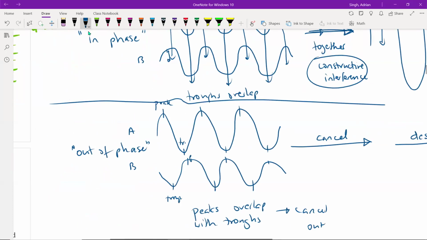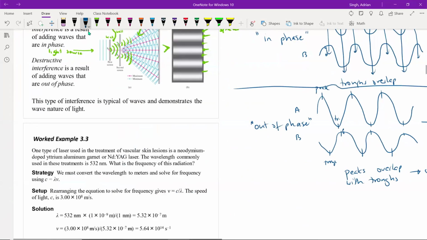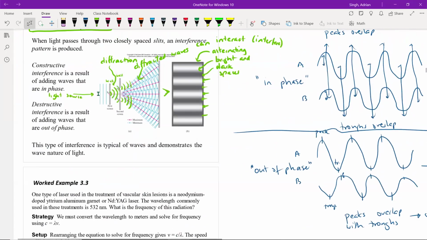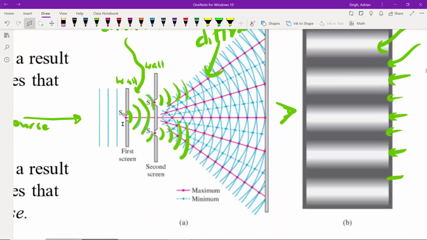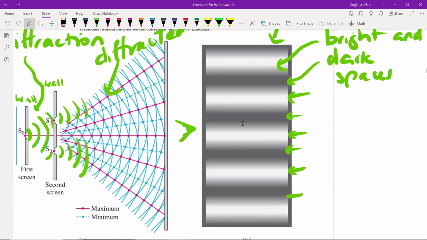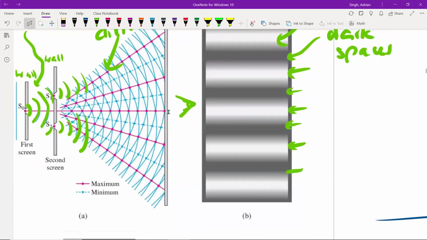So we have both of these happening when that initial light source producing that wave diffracts through that first opening, and then it diffracts through that double slit. These two resulting diffracted waves then interfere with each other in a constructive way, where we see the bright spots. They also interact with each other in a destructive way, where we see the dark spots, okay? And that goes throughout the entire wall here.